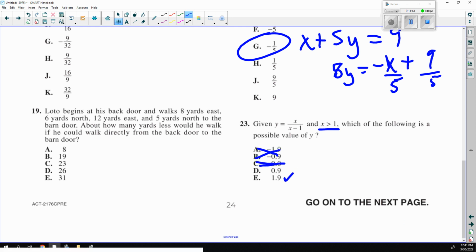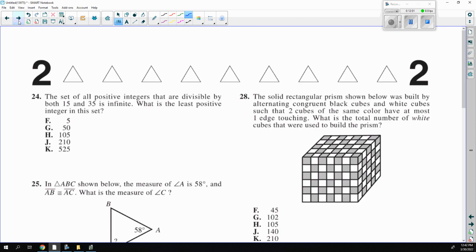So that's your only possible answer. If you were hardcore, you could solve it for 1.9, and you would get an x that was greater than 1. Everybody else would fail. So the answer right there is the last one.